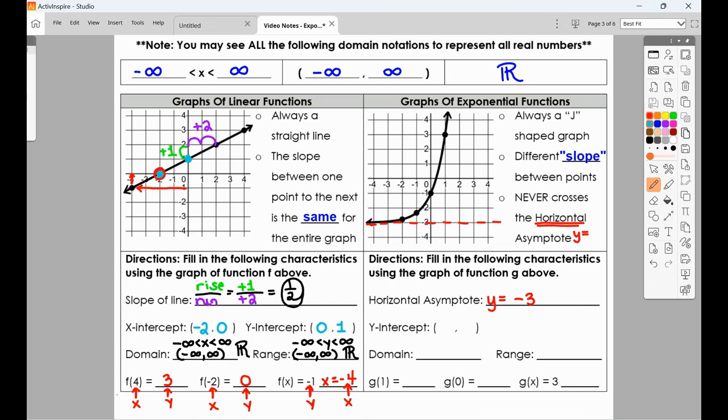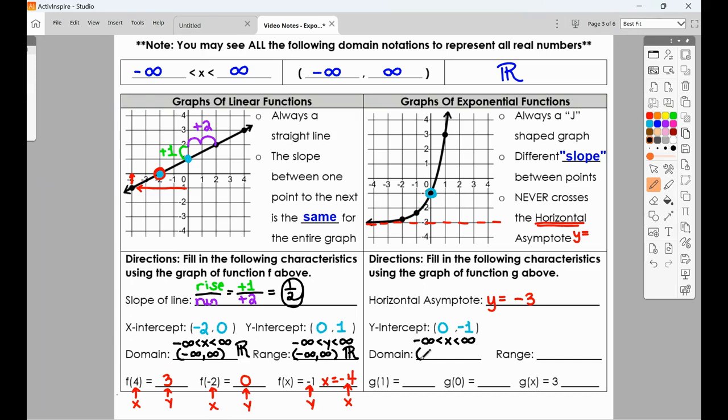The y-intercept is where our exponential function crosses the y-axis. It's going to have an x value of 0 and a y value of -1 here. For domain, let's look at the left. On the left side, I have an arrow going to -infinity. And on the right side, I also have an arrow that will stretch to positive infinity.